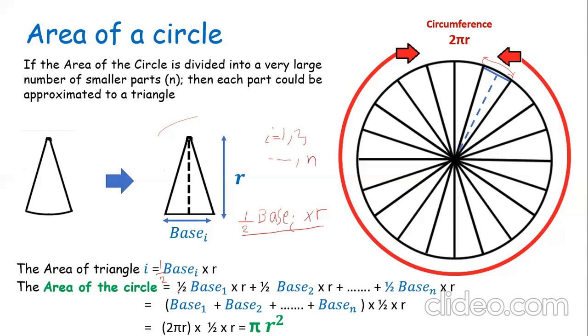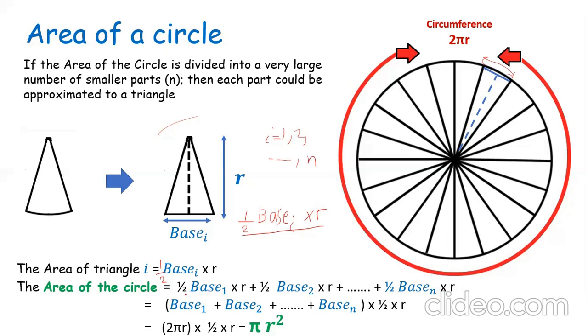In other words, half multiplied by the length of base 1 multiplied by r, plus half multiplied by the base of the second triangle multiplied by r, and we continue in a similar manner until we reach half the length of base n multiplied by r.